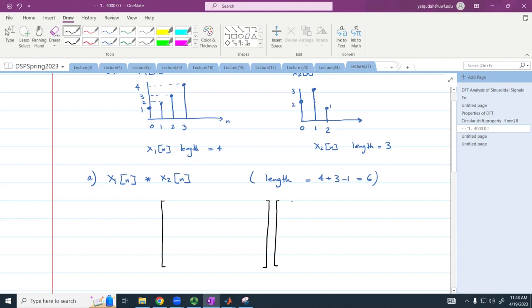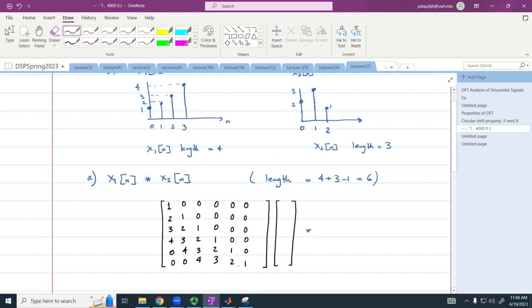Then we're going to generate a matrix of the first signal, 1, 2, 3, and 4, and then 0 and 0, padded with zeros. Then we shift this down: 0, 1, 2, 3, 4, 0. Then shift it again: 0, 0, 1, 2, 3, 4. Then 0, 0, 0, 1, 2, 3. Then 0, 0, 0, 0, 1, 2. Then 0, 0, 0, 0, 0, 1.